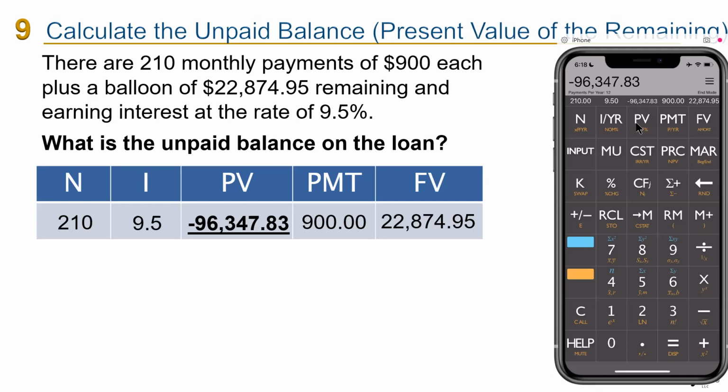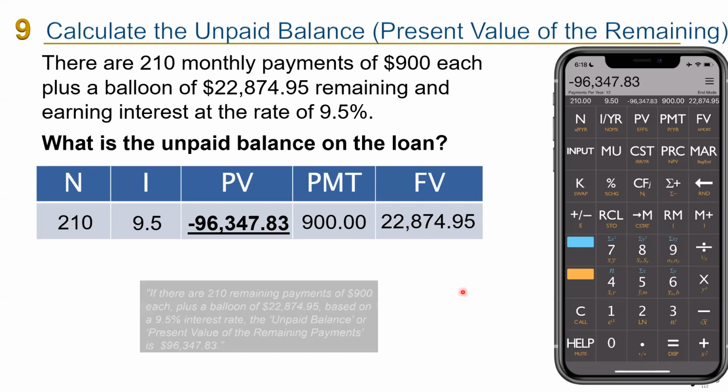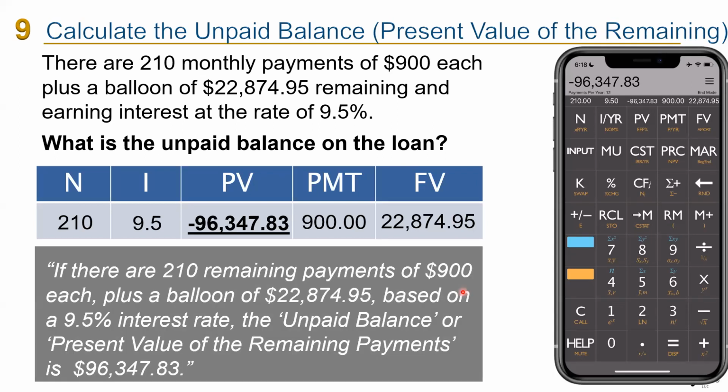This tells us that if you have 210 payments left of $900 plus a $22,874 balloon, and it's earning interest of 9.5%, then the present value of those payments, which again is the same as the current balance or the unpaid balance, is $96,347.83.